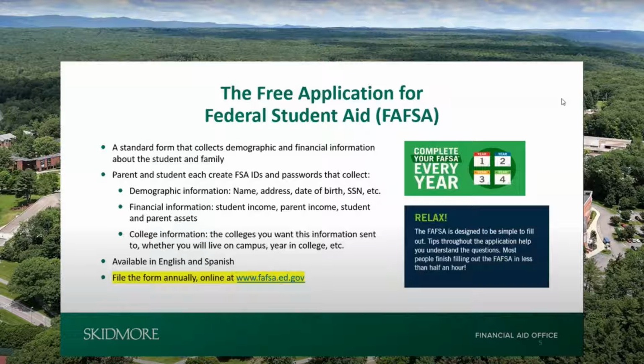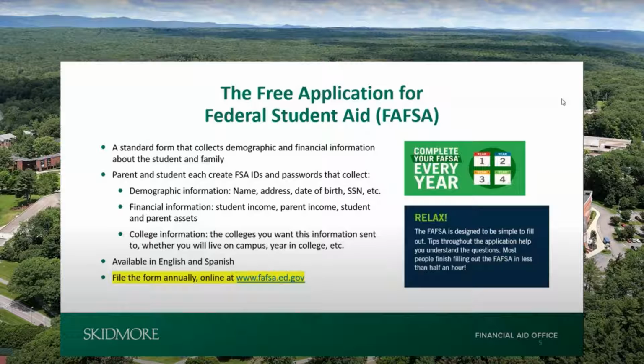You'll use it to complete the FAFSA every year. You'll use it if you need to log back into the FAFSA and correct any information if you realize you made a mistake. You'll use it to complete the processes you need in order to borrow the federal student or parent loan.